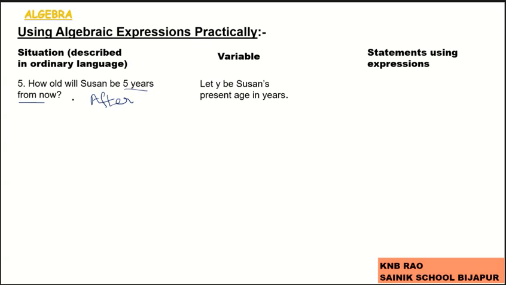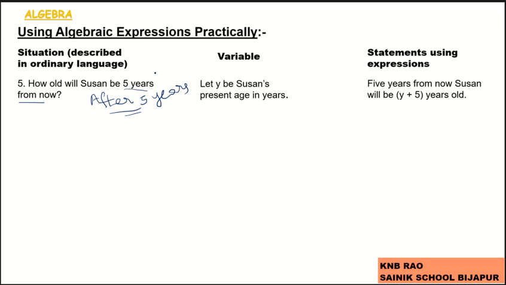Very important: understanding the English language and converting it into a mathematical expression. So this sentence says, from now after 5 years, what will be Susan's age? Now you know the answer. It is just y plus 5 years old.